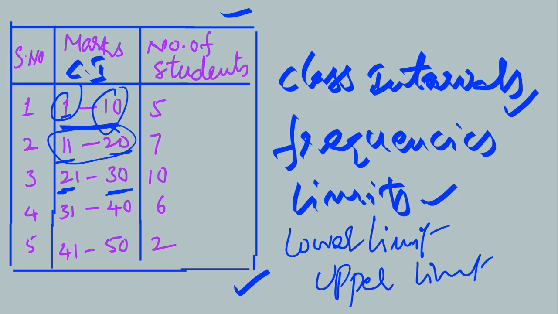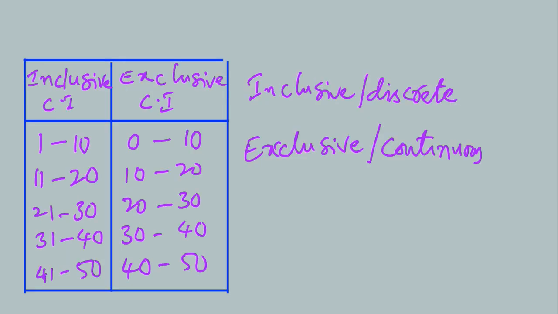We can observe in this table that 1 to 10, 11 to 20, 21 to 30 are all class intervals, and 0 to 10, 10 to 20, 20 to 30 are also class intervals. In the first case, the first class interval is 1 to 10, the second starts from 11 to 20, and then 21 to 30.